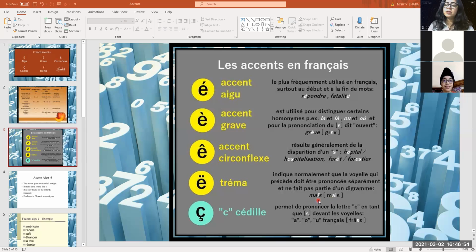So the first one is mais. The moment I put the accent over the I, what does it mean? I'll have to speak it differently. The difference is I may need to say A and I with different pronunciation.